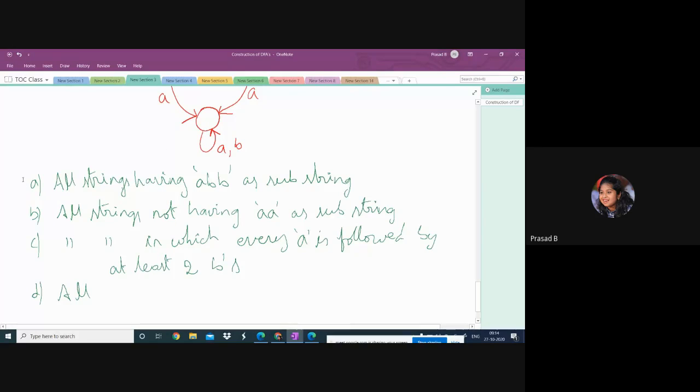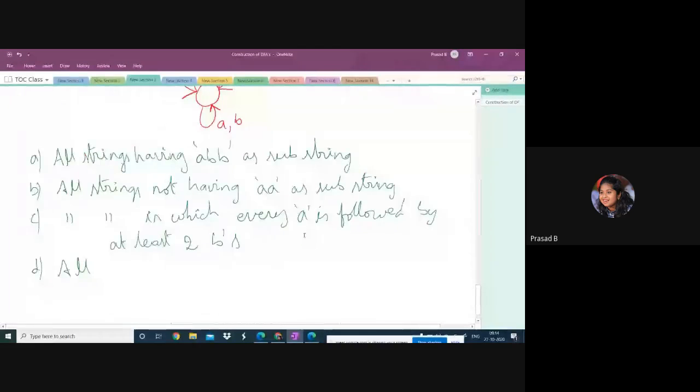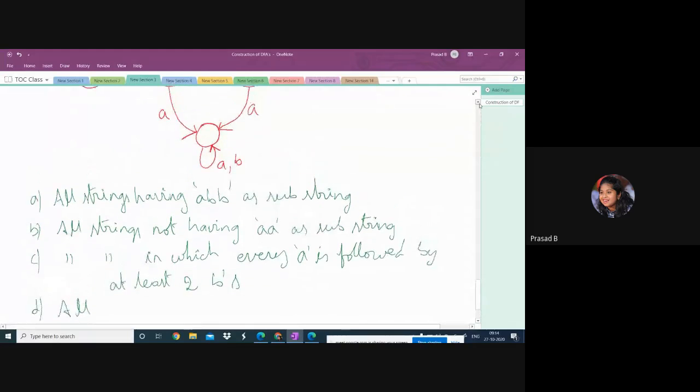Please leave the space and copy these options, and we'll go back to the machine.